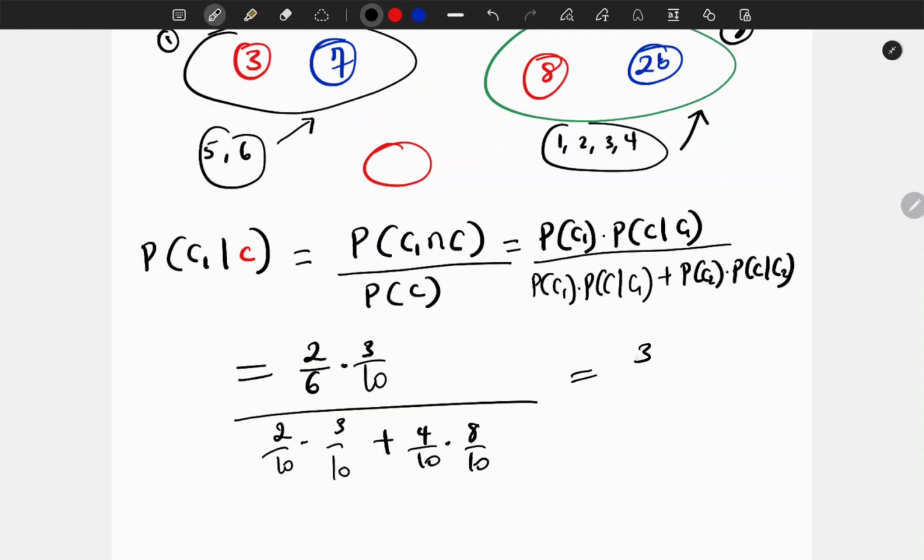If we solve all this, we have 3 over 19.